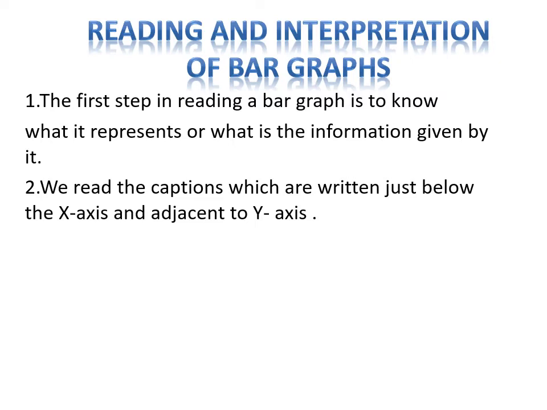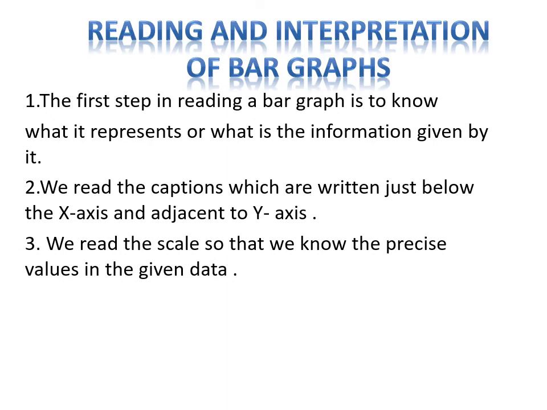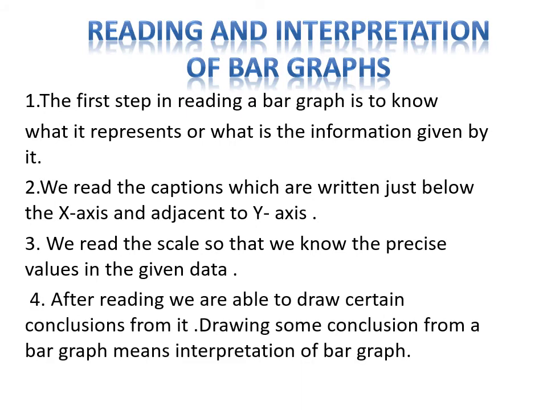So the captions give us a clear idea about what the bar graph represents. Now we read the scale so that we know the precise values of the given data. After reading, we are able to draw certain conclusions from it. Drawing some conclusions from a bar graph means interpretation of the bar graph.